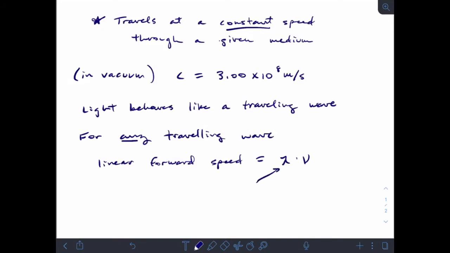That symbol is lambda, which is the wavelength. This symbol is the Greek symbol nu, which is the frequency.